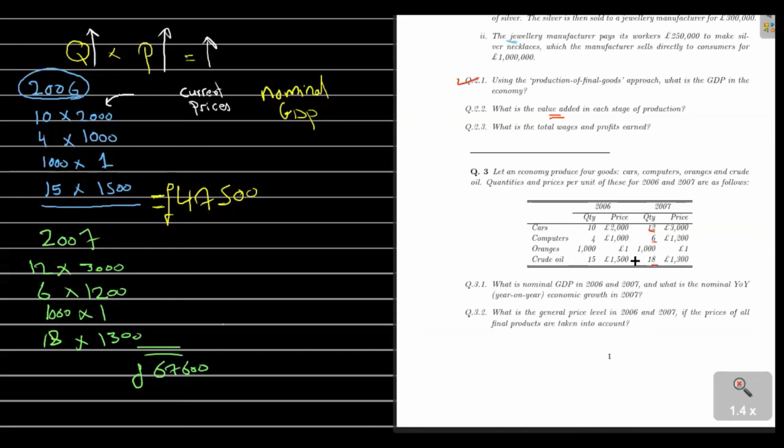So the growth rate for nominal GDP. Any growth rate will be the value at time t minus the value at time t minus 1, divided by the value at time t minus 1.